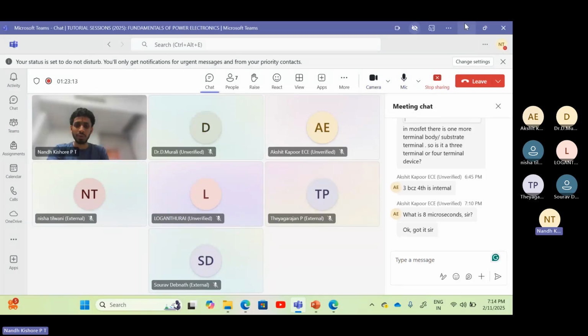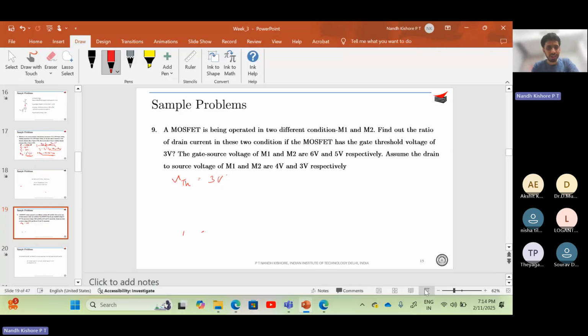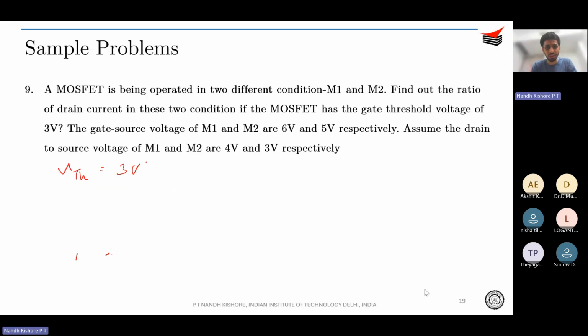Yeah, so sorry for that. So in this question, the threshold voltage is specified to be 3 volts. The gate source voltage of M1 and M2 are 6 volts and 5 volts respectively. Assume the drain to source voltage of M1 and M2 are 4 volts and 3 volts respectively. Find out the ratio of the drain currents.